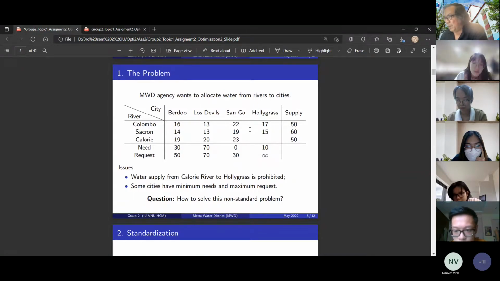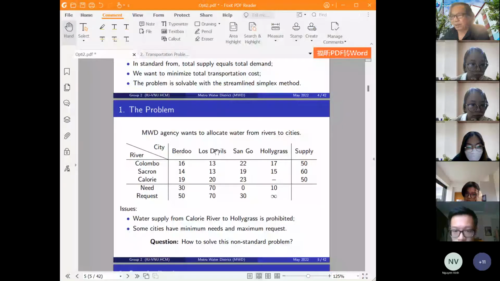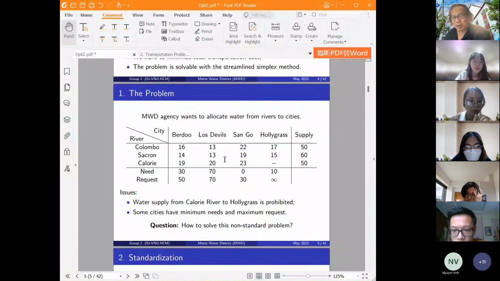For example, Sango, or for example, Lost Devil. So the minimum need is 70 and the request is 70. So you call D1 the total amount supplied to Lost Devil. So D1 is what?